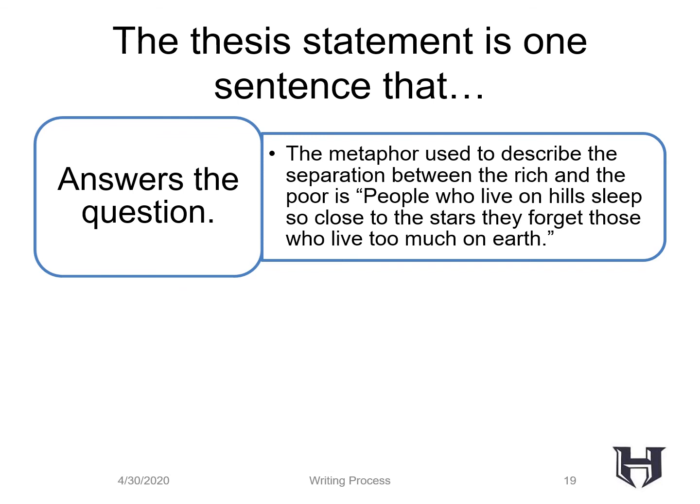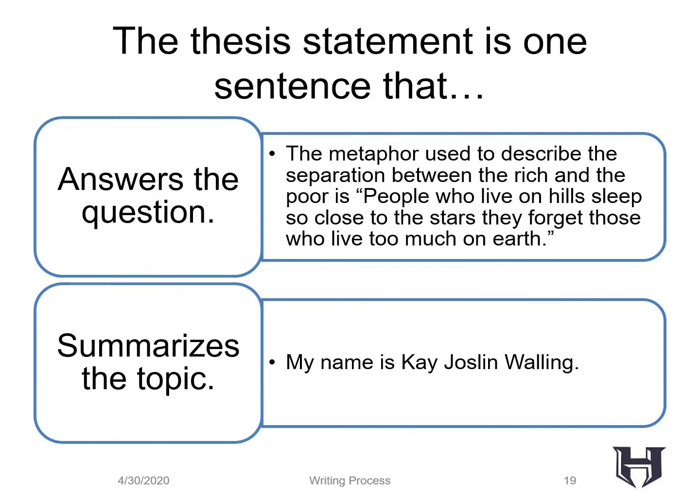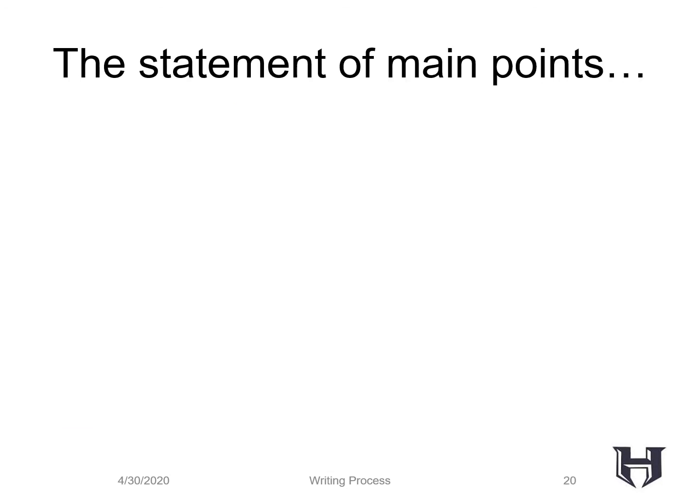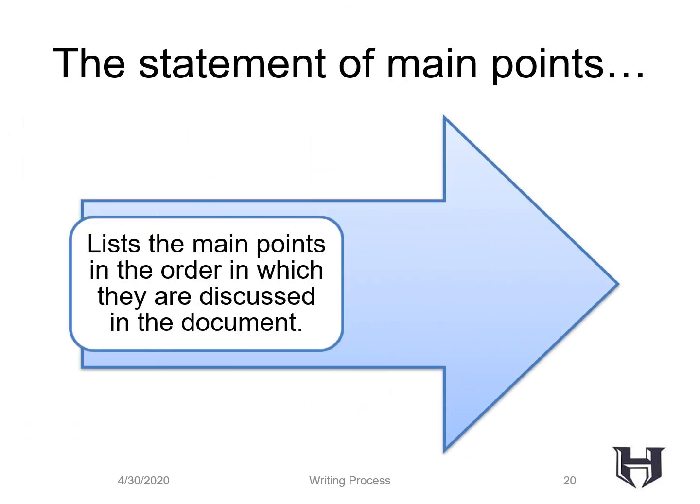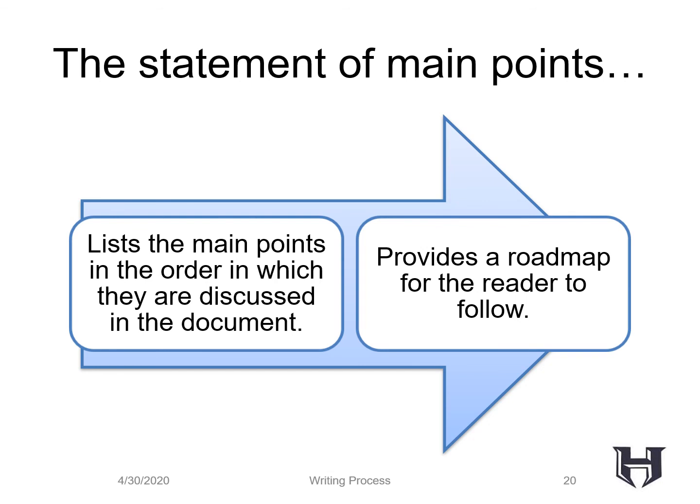So it answers your essential question. Or it summarizes the topic. If the topic of a paper was me, I was introducing myself to you, then a good thesis statement might be, my name is Kay Jocelyn Wallen. The statement of main points lists the main points in the order in which they are discussed in the document and provides a roadmap for the reader to follow.